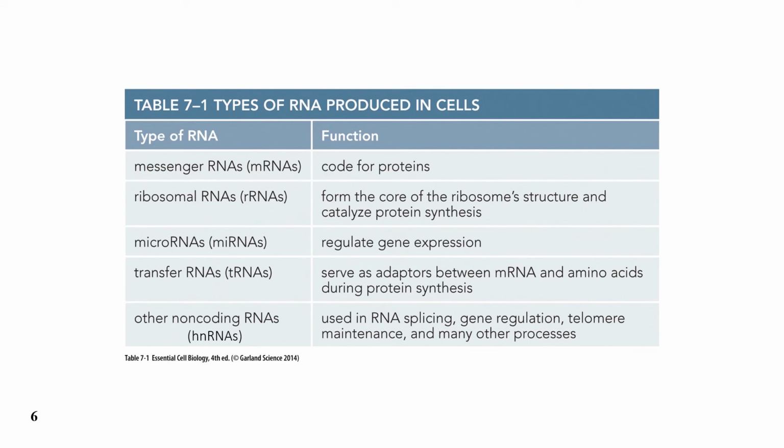The RNAs that can be produced by the process of transcription come in a number of flavors. Of course, in high school, we've heard about mRNAs, messenger RNAs, and those are responsible for coding for proteins. Ribosomal RNAs that form the core of ribosomes, so those are rRNAs. We also have tRNAs, so these are transfer RNAs that are used in the process of translation or protein synthesis.